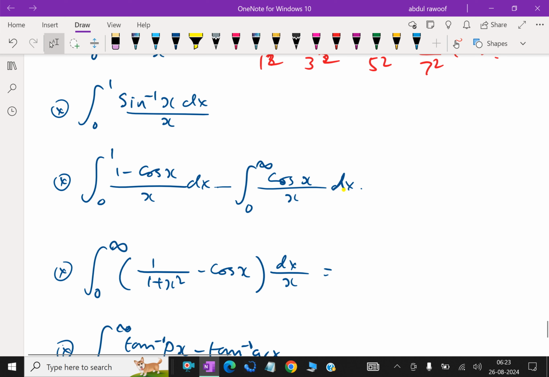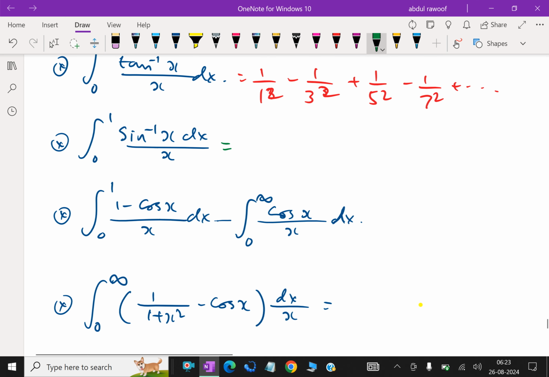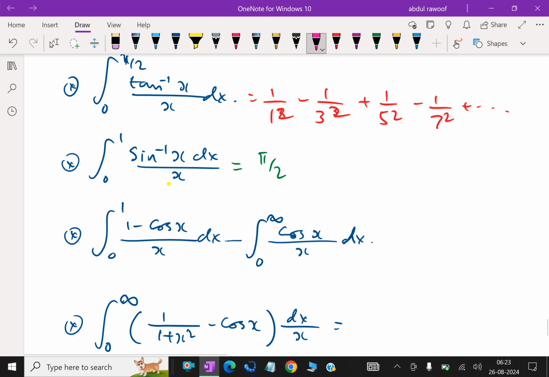One more formula here. Sine inverse x dx over x is pi by 2 ln 2.